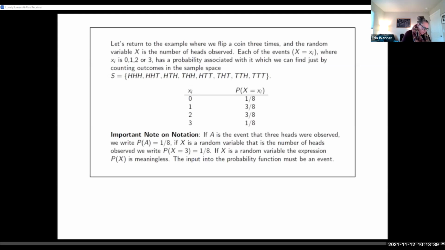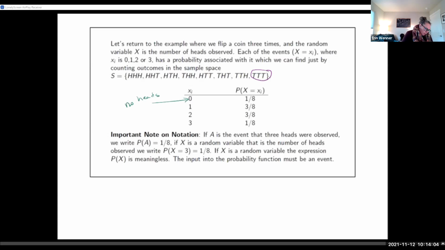So first of all, there's 8 outcomes in the sample space. We think about xi being 0. This means no heads. Well, that only occurs one time right here, the tail, tail, tail. So that's 1 out of the 8 times. So there's a probability of 1/8 that we would get no heads.